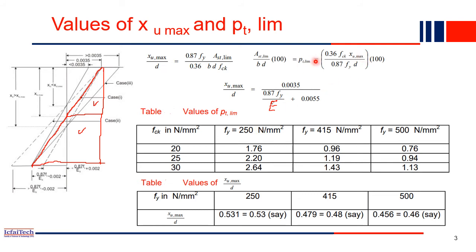Then you get some percentage of steel, right? The maximum percentage of steel will be this much. From this expression, if you put all the values, you will get 1.76. I request everyone to please do it and verify the values. This is for Fy 250, that is 250 grade of steel, and FCK, the characteristic compressive strength of concrete, is 20. Then the maximum steel you can use is 1.76%.